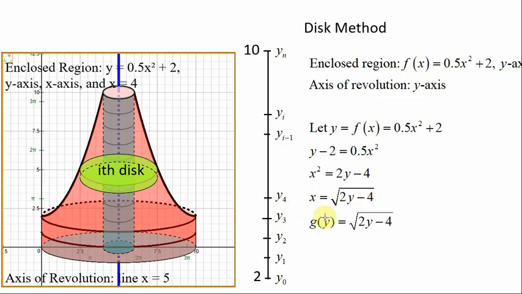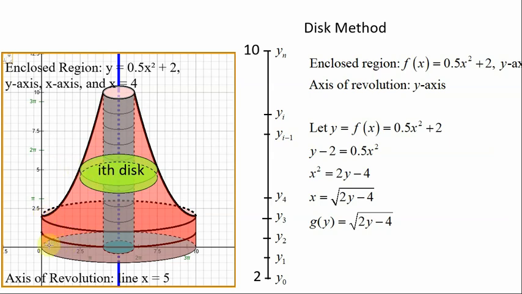Let's rewrite it as the function g of y equal to the square root of 2y minus 4. And so this function here, the graph, is this part. So this is g of y equal to the square root of 2y minus 4.